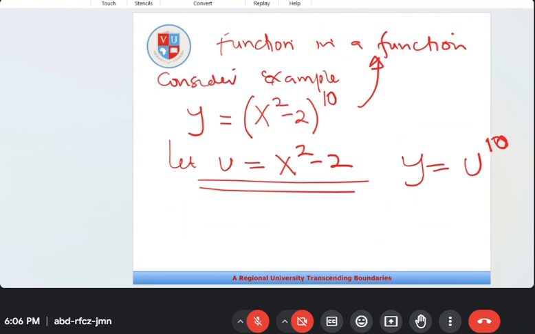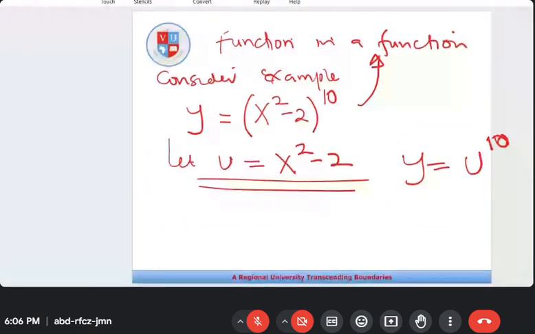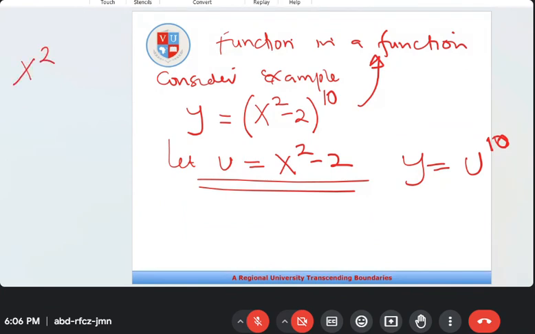So, all functions raised to the power of a positive integer represent a function in a function. And the way we handle such is slightly different. Leave alone this. If I have x squared, you don't say this one is a function in a function.